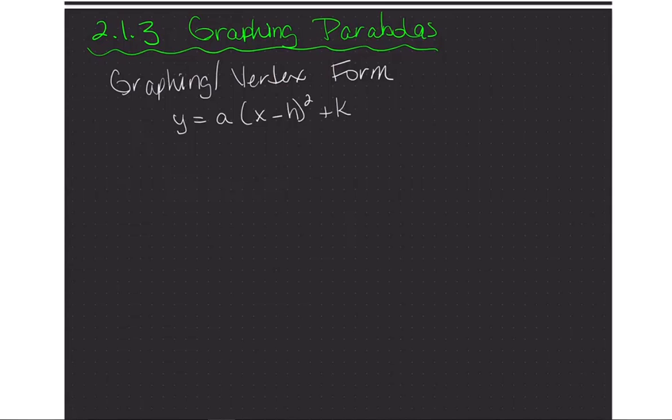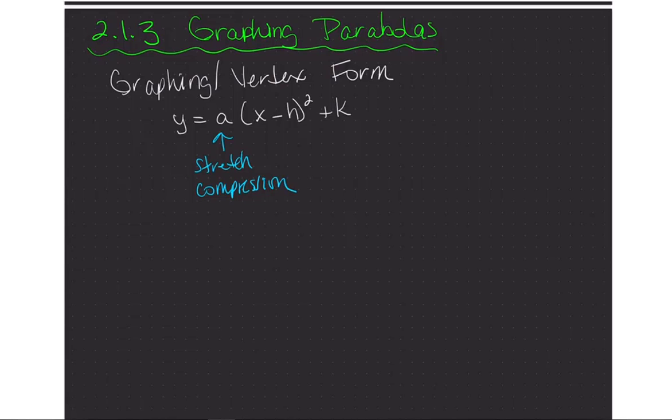So in our cute little form that they give us, our a is going to be that stretch or that compression that we had. You guys worked on these last week: if that was a number greater than 1, it stretched it.